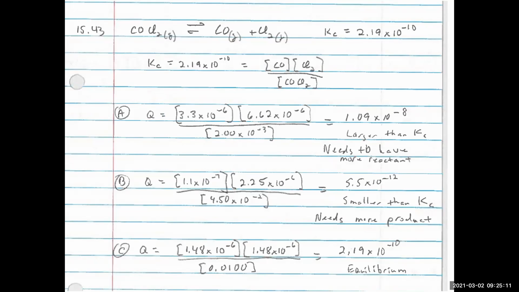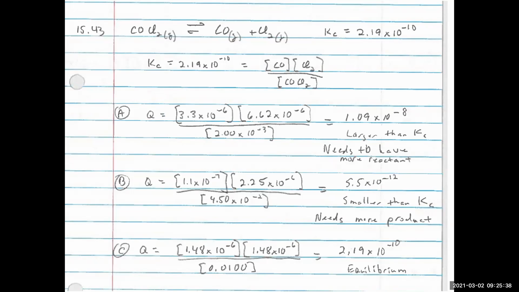Well, the number that's 10 to the minus 8th versus the number that's 10 to the minus 10, which is bigger? 10 to the minus 8th. And so if that number is bigger, that means that I have more in the numerator, right? The numerator is products.